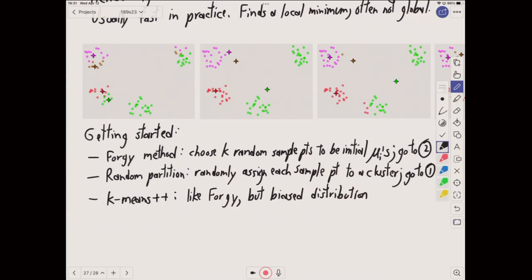The main idea here is that you choose the centers sequentially, and each successive point, you choose it with a preference for points that are far away from the other cluster centers that you've already chosen. So you choose your first point uniformly at random. The second one, you prefer points that are far away from the first one over points that are close. It's still random, but it's a biased distribution now.